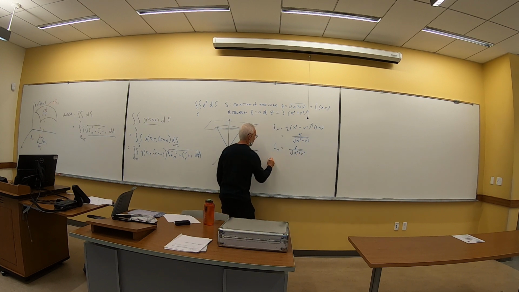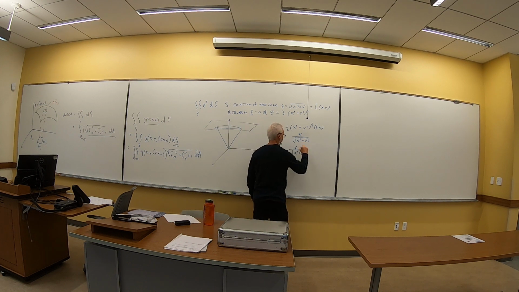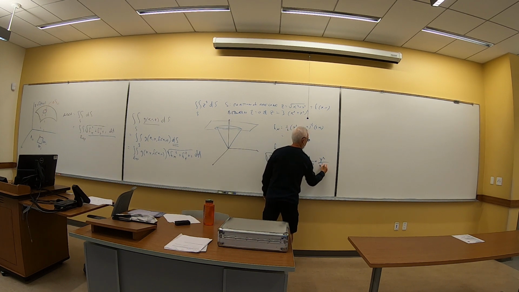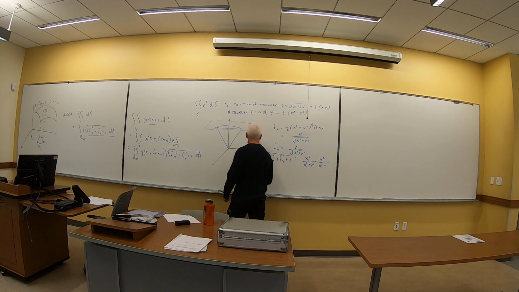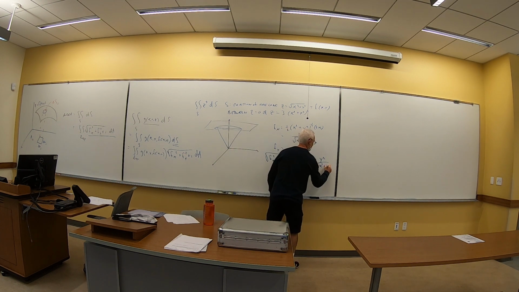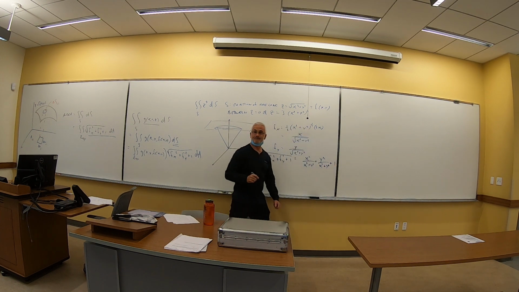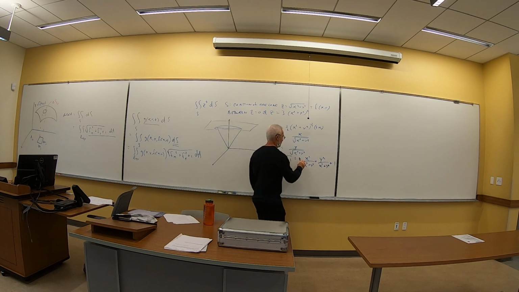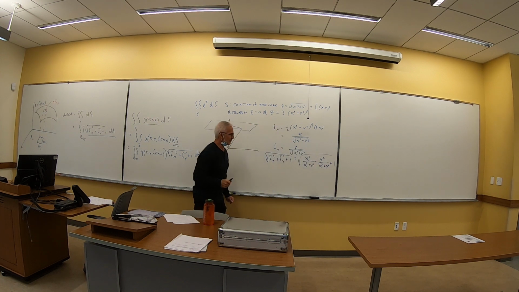And finally, what is fx squared plus fy squared plus 1? Well, it's going to be this squared plus the other guy squared. Oh dear. Oh, here we go. Plus 1. Okay, all under the root. Can I do anything with that?